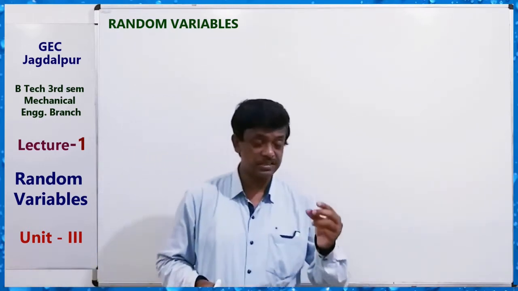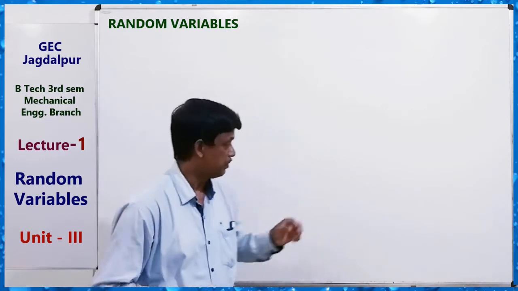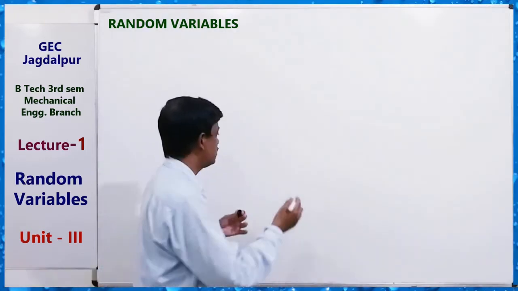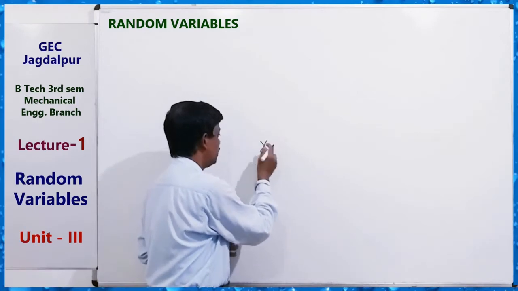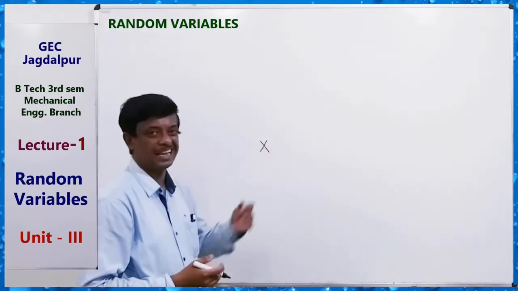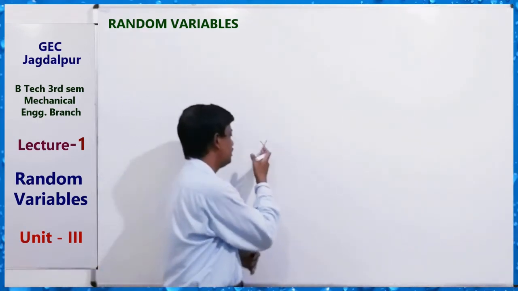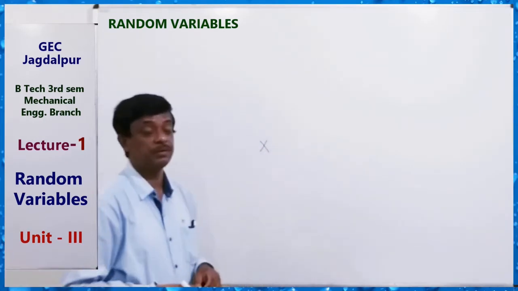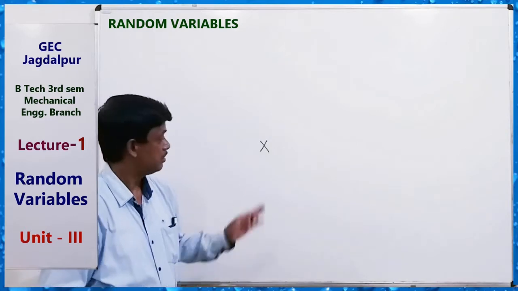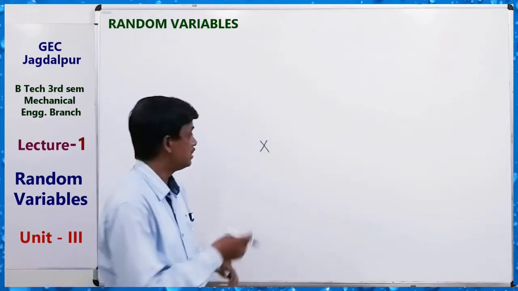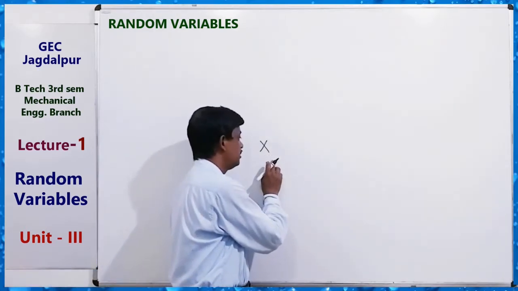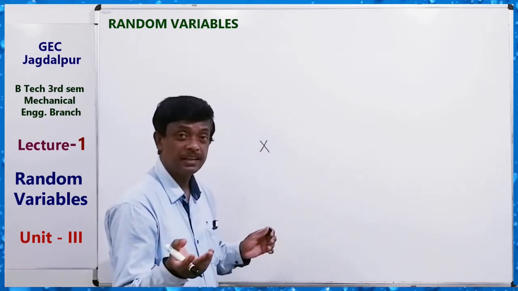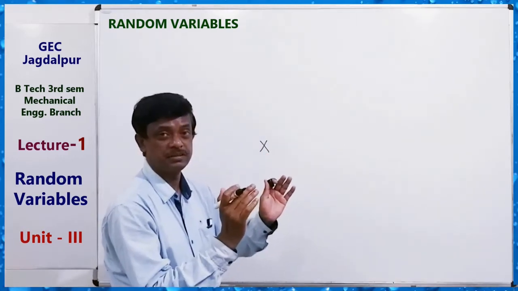Variable means it takes some values, real values, denoted by x. Then the random variable x is a real valued function. In the mathematical sense, we can define it as a real valued function whose domain is the sample space for an experiment.